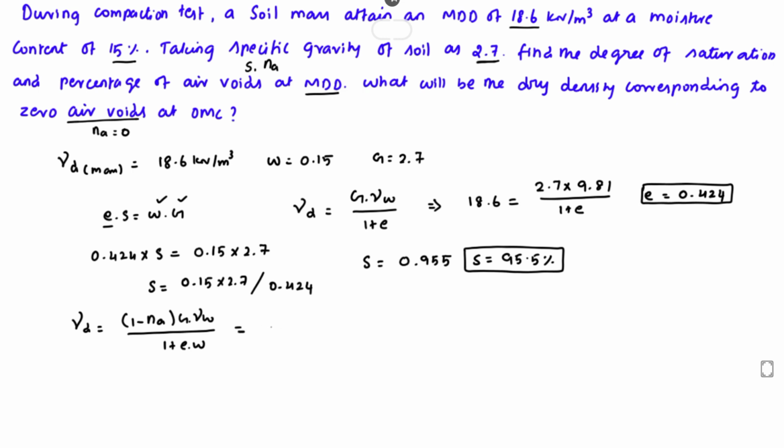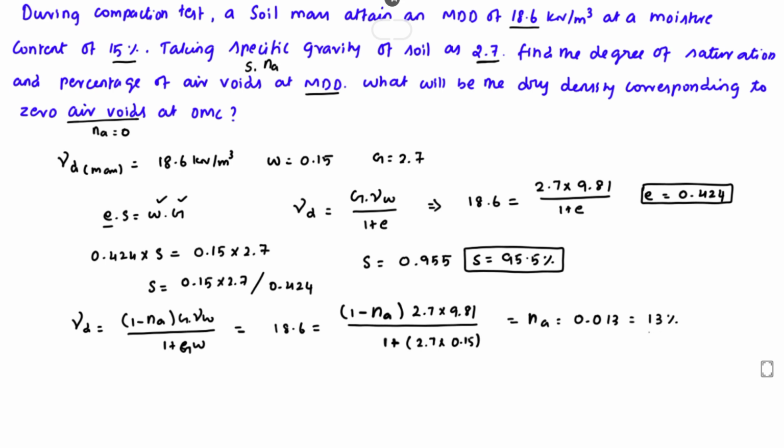Gamma d value is 18.6 equals (1 minus Na) into G, 2.7, into 9.81, the gamma w value, divided by 1 plus 2.7 into w value 0.15. Here the only unknown is Na, so Na equals 0.013, that is equal to 13%. So this is the second question's answer.